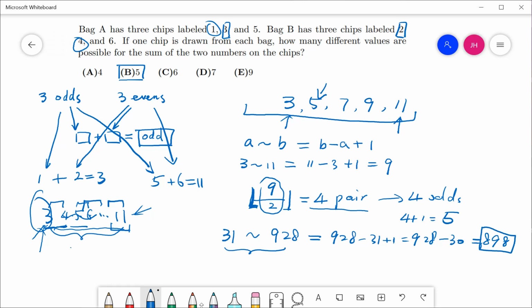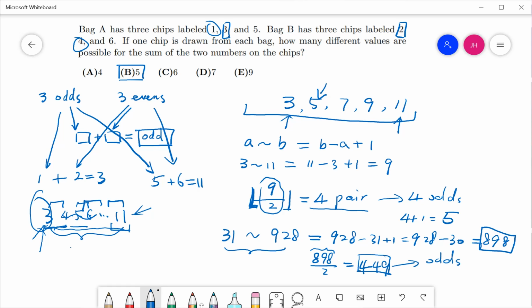All right, now let's make the pairs. So how many pairs are there? That's 898 divided by 2. Since this is an even number, it is divisible by 2. The result is 449. We have that many pairs, and of course, that many odd numbers.